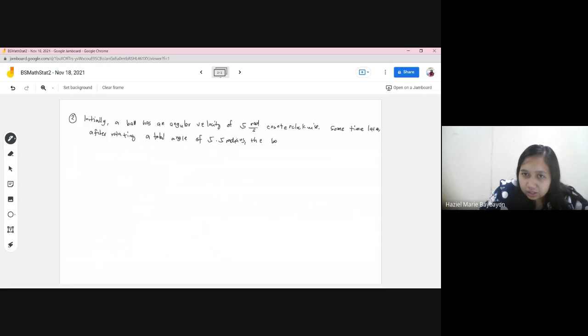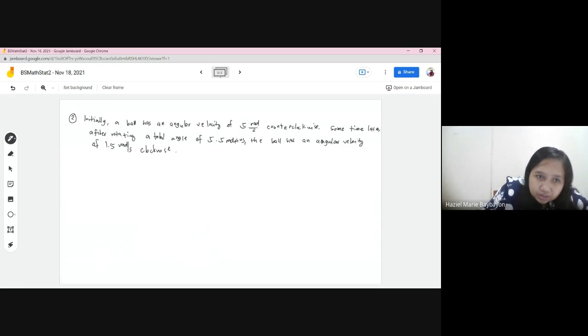The ball has an angular velocity of 1.5 radians per second. And then it is directed clockwise. So it is now moving in the reverse direction after some time. Okay, so the question is, or these are what we will be looking for.